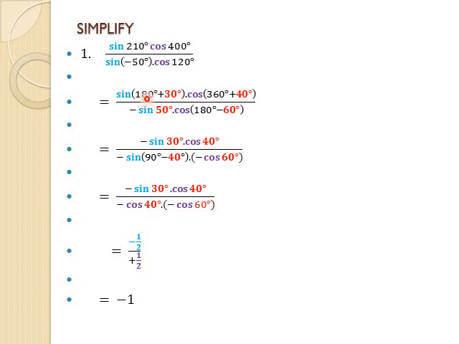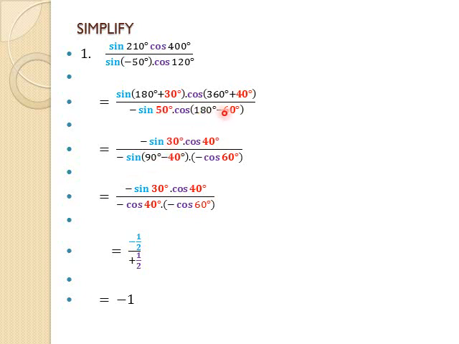So if I simplify, 180 plus 30, third quadrant, sine is negative, negative sine 30. There, 360 plus 40 goes back to the first quadrant. So cos is positive, it stays cos 40. Yeah, 50 and 40, I assume if you add them together, you can see they're 90. So I can change sine to cos and make it 40 by saying negative sine 90 minus 40, which gives me 50.